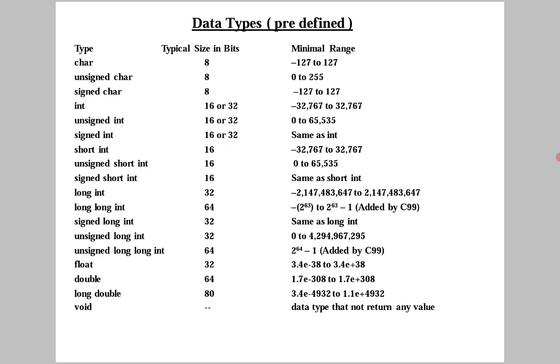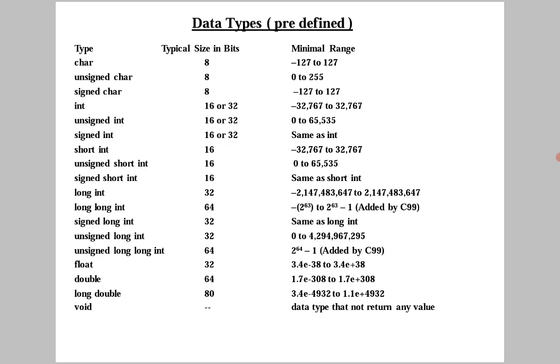Data types are used to store a variety of data in the C language. Every data type has its own characteristics and properties. Some data types use 8 bits, some 16 bits, some 32 bits or 64 bits.